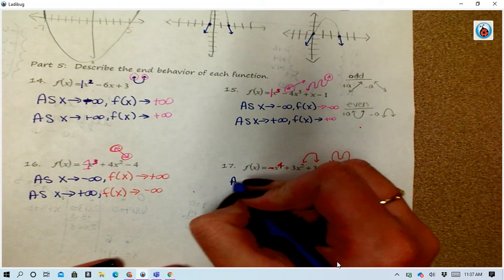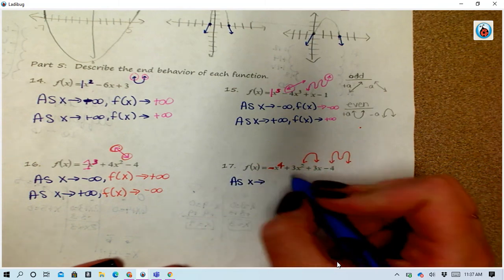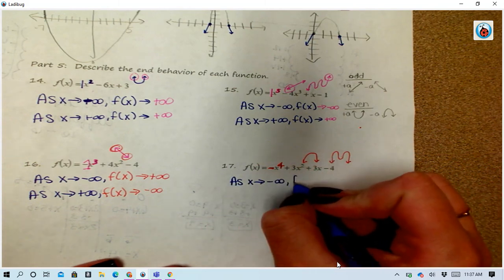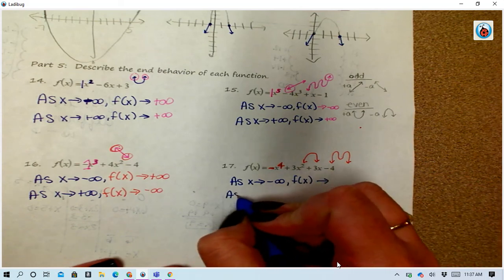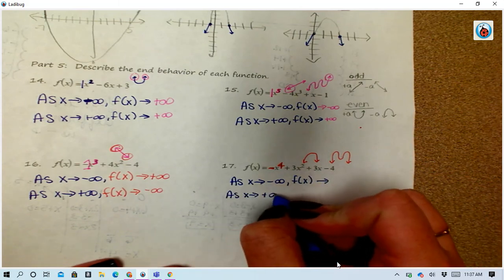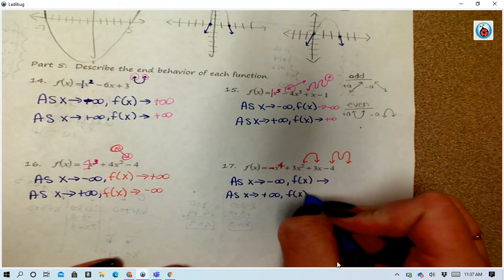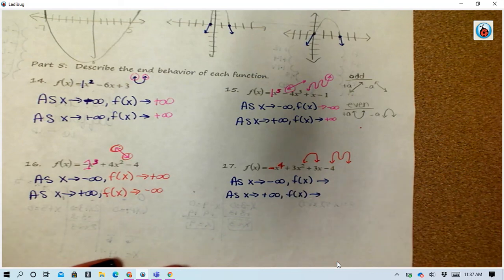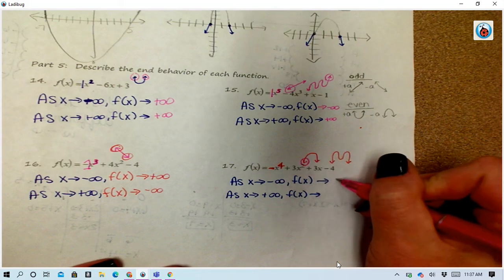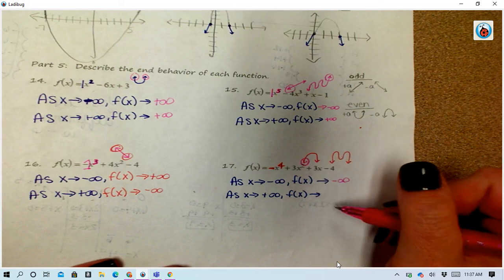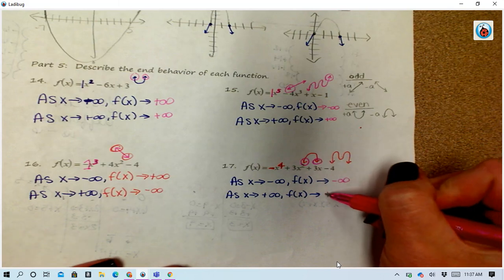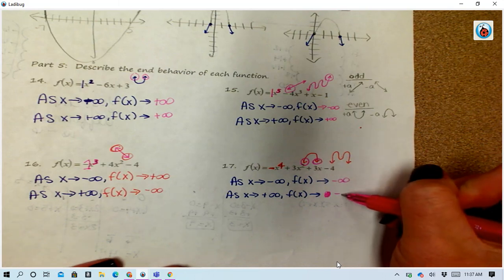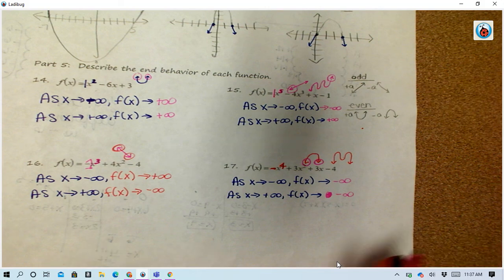So as x goes to negative infinity, which way do your arrows point? And as x goes to positive infinity, which way do your arrows point? On the left-hand side, your arrow points down towards negative infinity. As x goes to positive infinity, on the right-hand side, they also point down towards negative infinity.